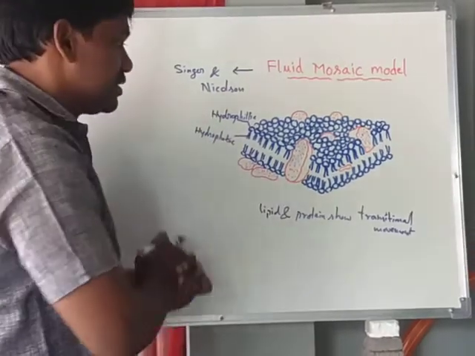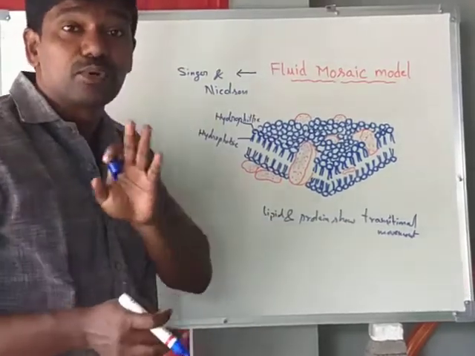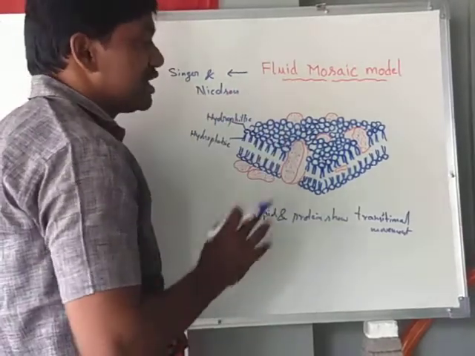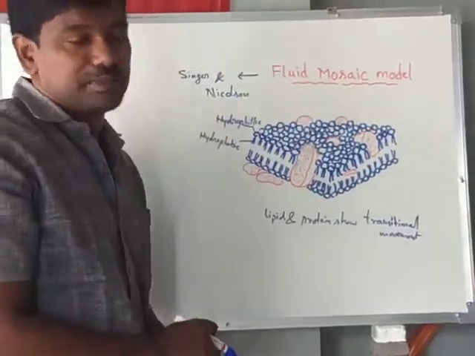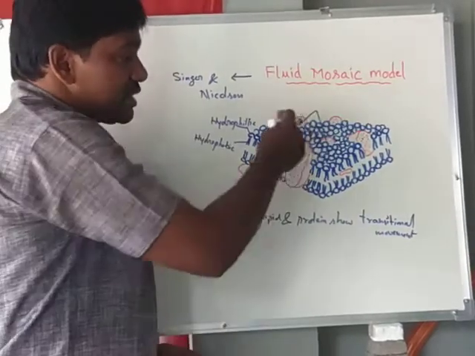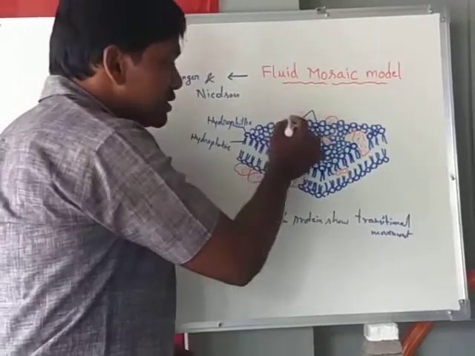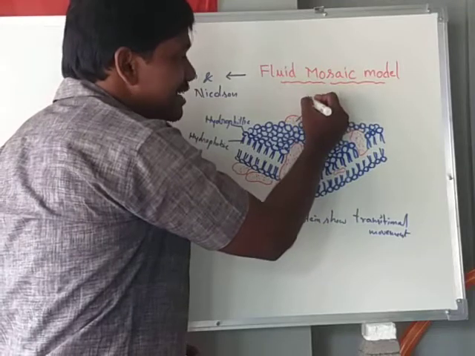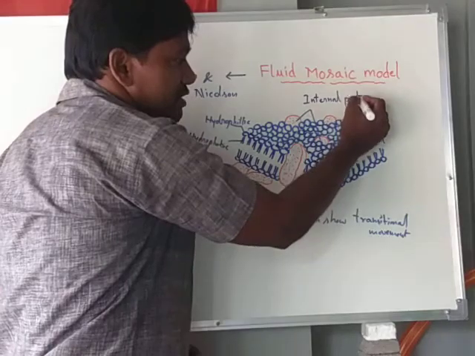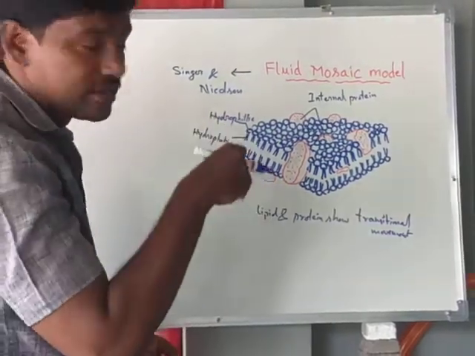Here, proteins are generally arranged in two ways. Some proteins are present between the phospholipid molecules. These are called internal or integral proteins, present inside or between the phospholipids.